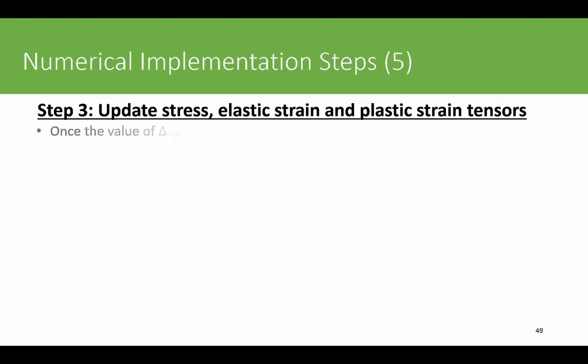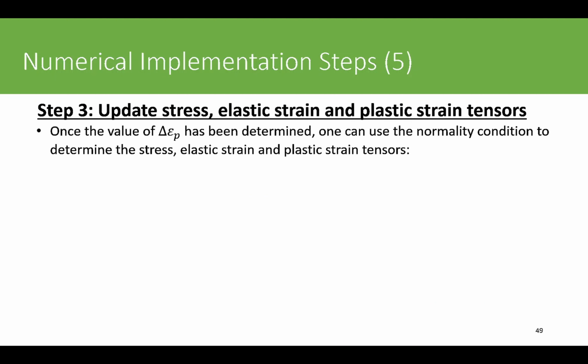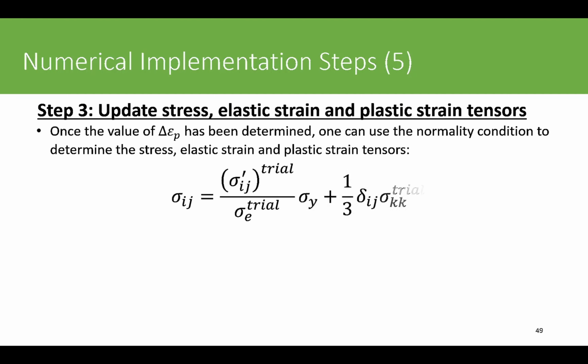Once the value of the delta epsilon p has been determined, which is the increment of the equivalent plastic strain, we can use a normality condition, which I explained before graphically, and we can determine the stresses based on this formula, which is a function of the deviatoric part of the trial stress, equivalent trial stress, yield strength value, Kronecker delta, and the volumetric part of the trial stress.